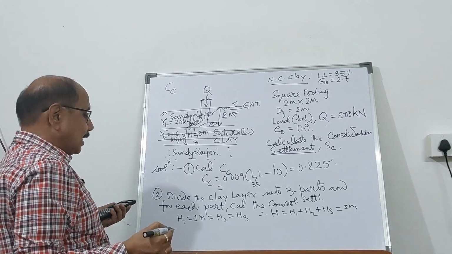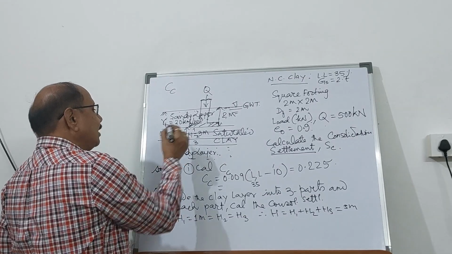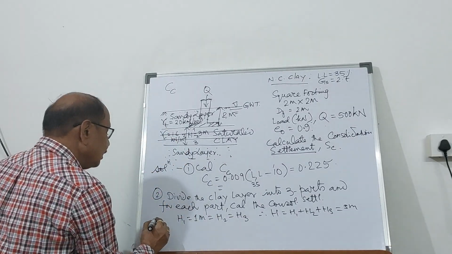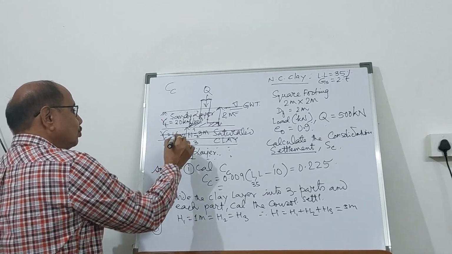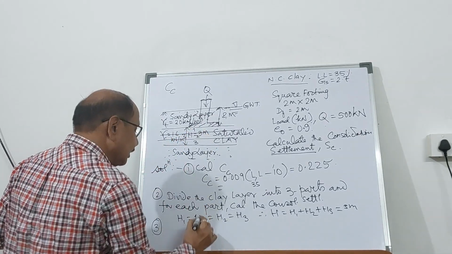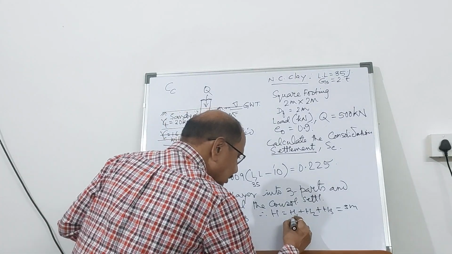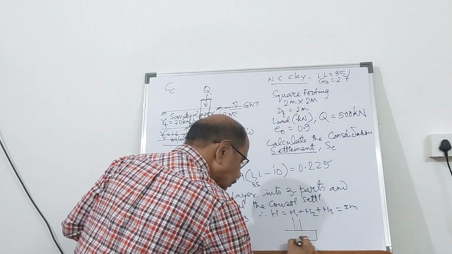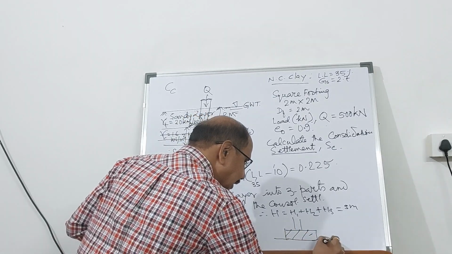Now, at the mid point of each layer, you calculate the total overburden pressure. So if I calculate at the midpoint, let's say this is the footing and this is my layer 1.